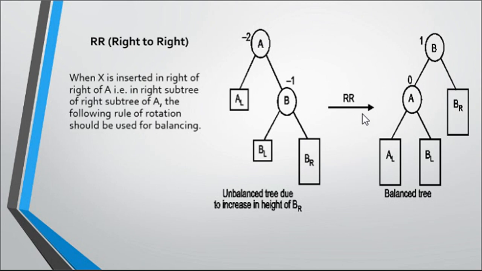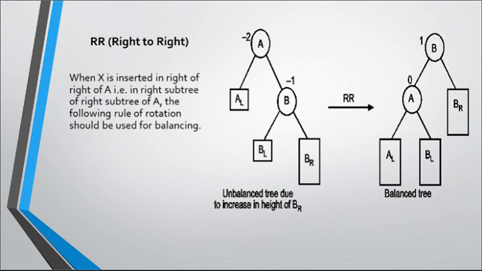So we have to make RR rotation, so we have to rotate it to left. A should be rotated to left. So B should be the root and A should be rotated left, so it should go to left. AL will be at left. BL will be at right of A because it is greater than A, and BR will be at right. So this is RR rotation.